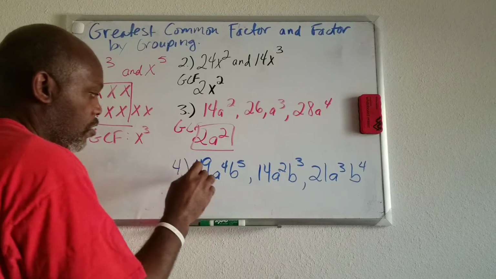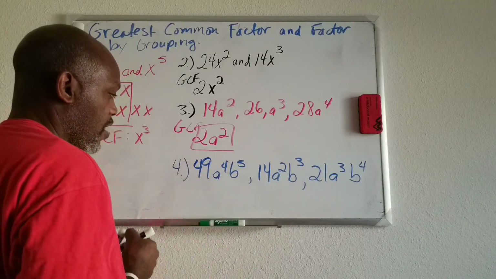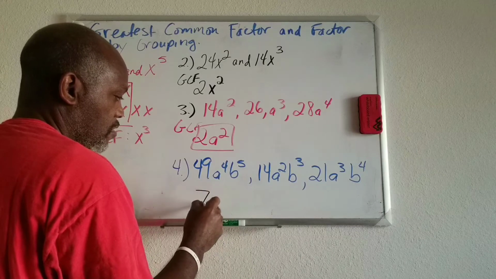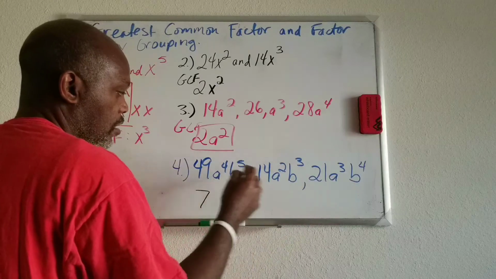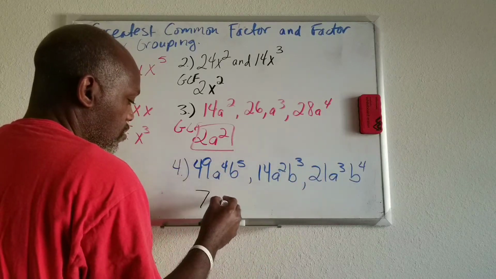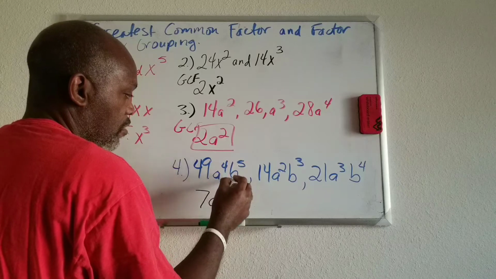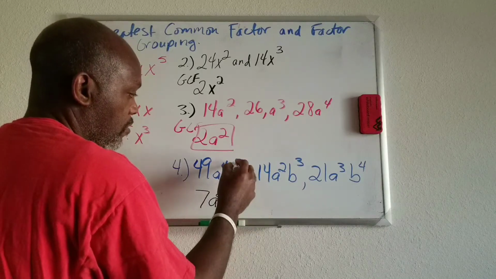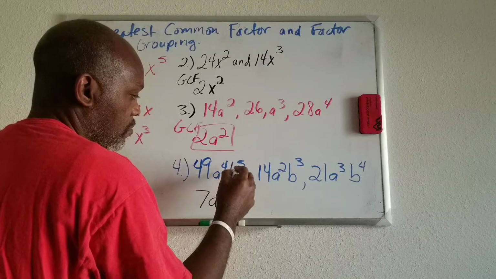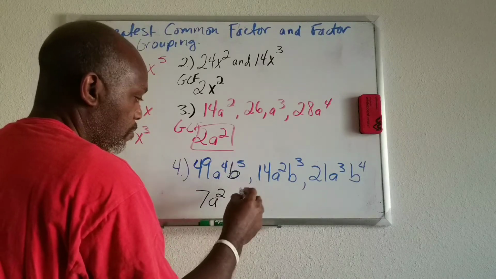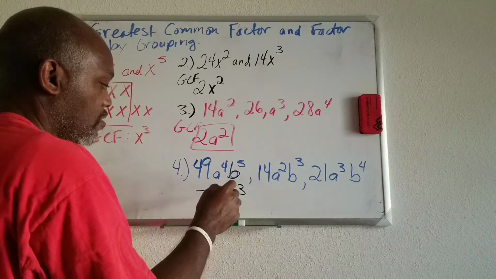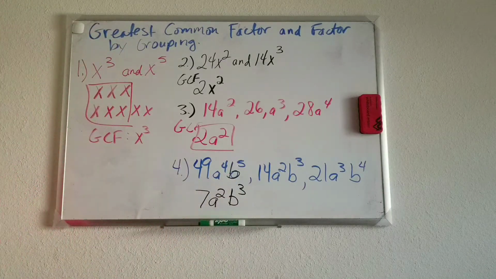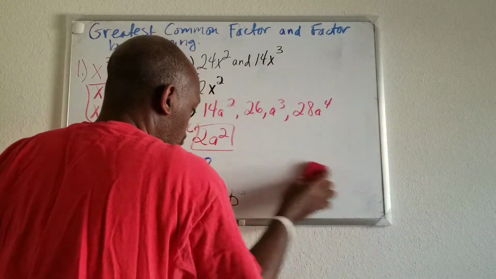Well, you look at the coefficient, the greatest common factor would be 7. Look at a, the base of a. The greatest common factor is the smallest exponent, and this would be a to the second. Then b, not a 6, sorry for my handwriting, that made it probably even worse. So b to the third. So 7a to the second b to the third is the greatest common factor of those 3 terms.